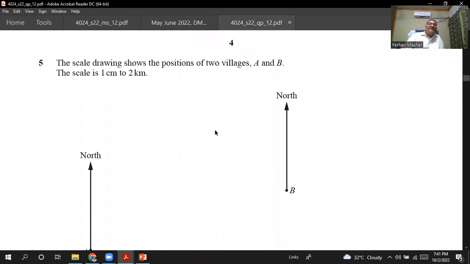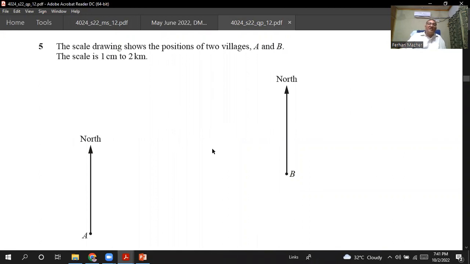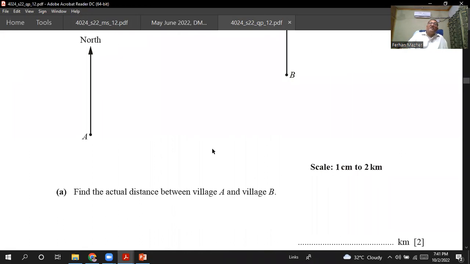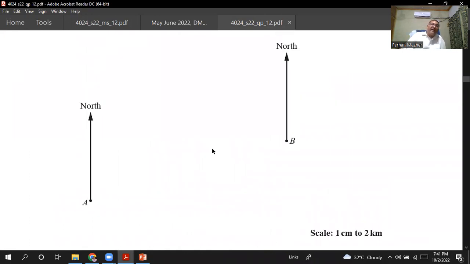The next question is, the scale drawing shows the positions of the two villages, A and B. The scale is 1 centimeter to 2 kilometers. The question is, find the actual distance between village A and village B. Okay, this is a scale drawing.